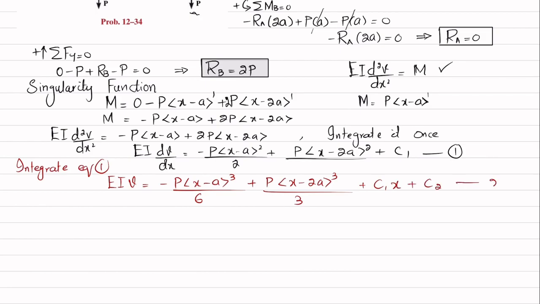And this is your equation number 2. Now C1 and C2 are unknown constants of integration, so we will find them by using boundary conditions. So let me write it.